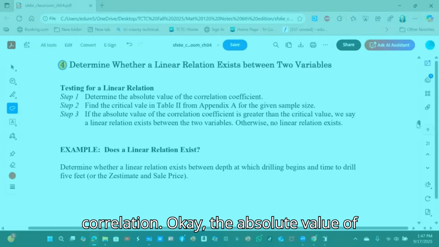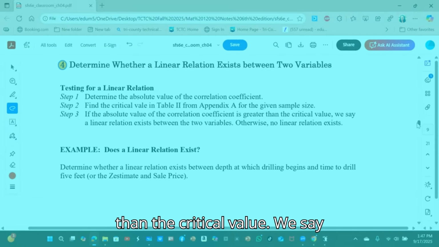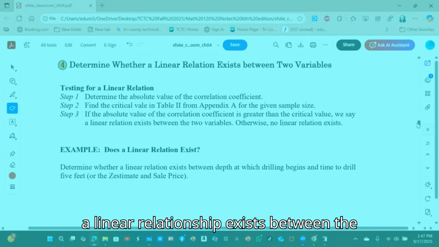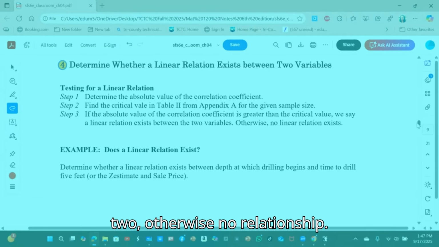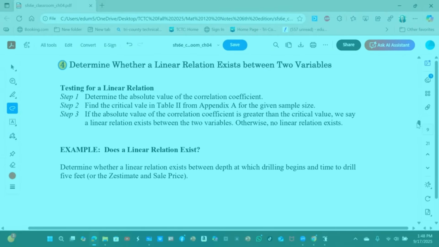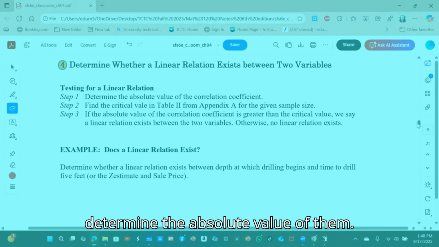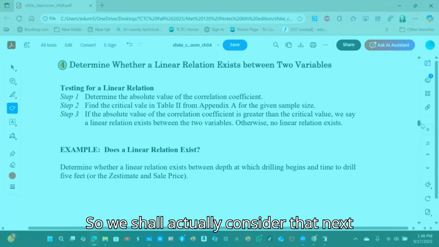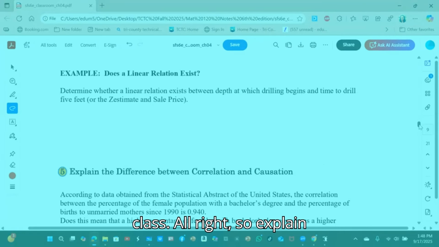If the absolute value of the correlation coefficient is greater than the critical value, we say a linear relationship exists between the two. Otherwise, no linear relationship. Find the critical value in table 2, and for the given example, determine the absolute value. We shall consider that next class.